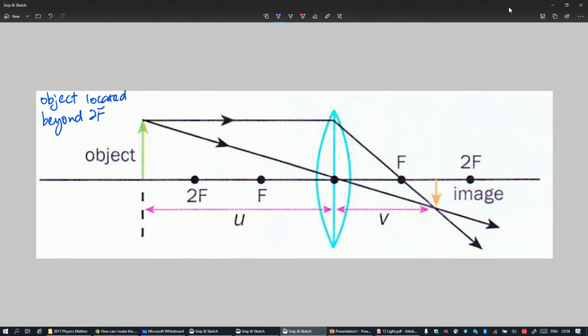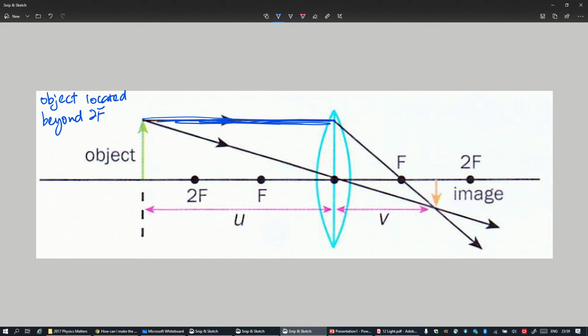As you can see from the diagram, and I also like to emphasize again that the three basic light rays to locate the position of the sharp image is still applicable. You see the first ray from the object to the lens parallel to the principal axis.